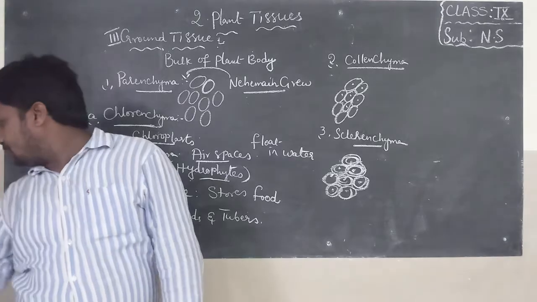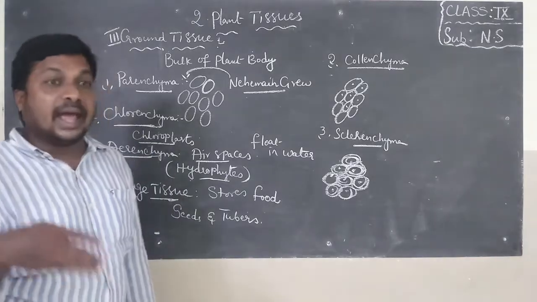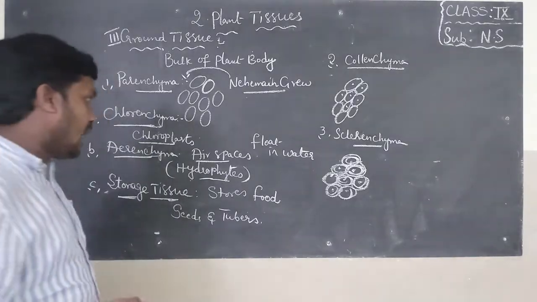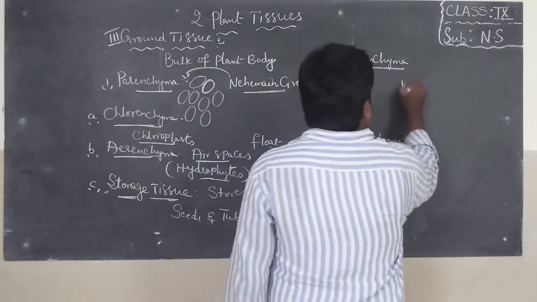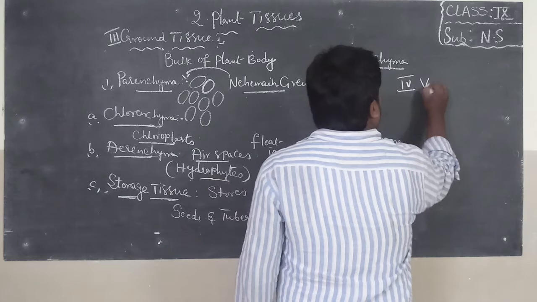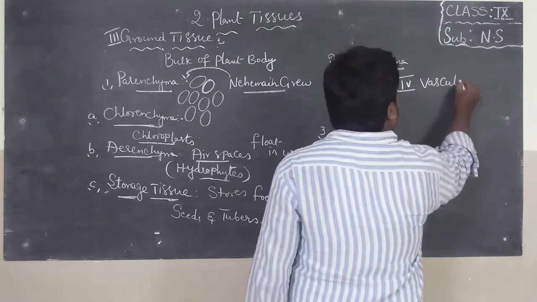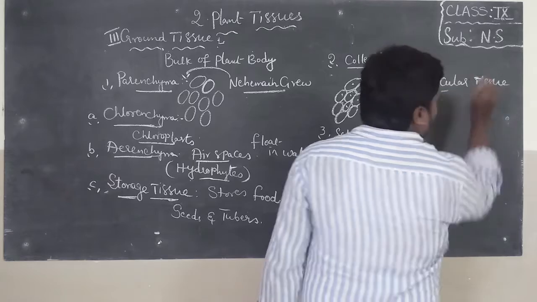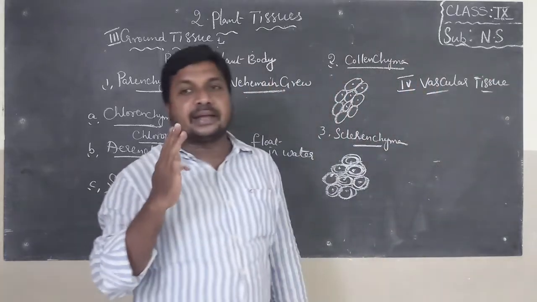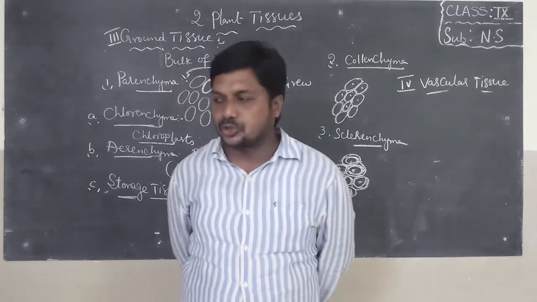Now I will explain about another tissue that is called vascular tissue, the fourth type of tissue. Already we learned about three types of tissues in the previous topic.